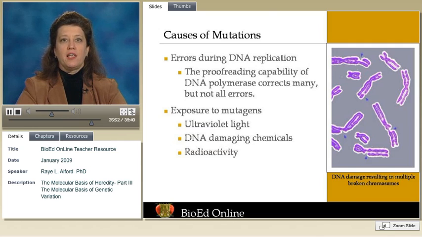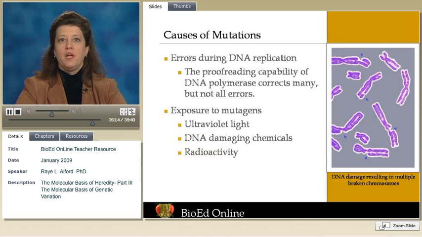Exposure to ultraviolet light, mutagenic chemicals, and radioactivity can also damage DNA. The damage caused and the consequences of the damage are related to the agent to which one is exposed, the age at which the exposure occurs, the dose and duration of the exposure, and the genes affected.